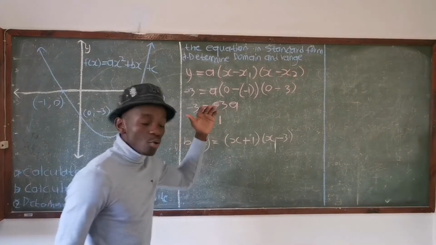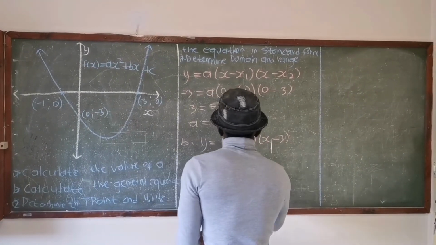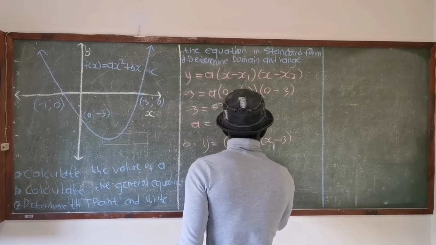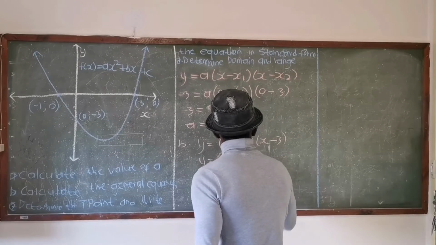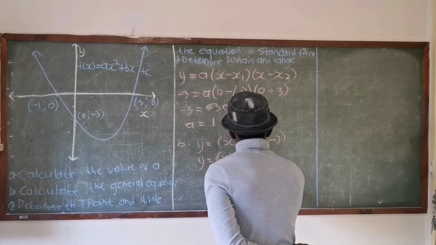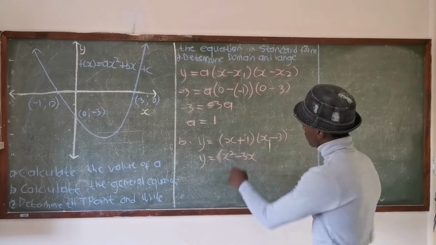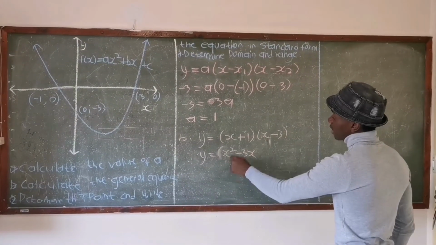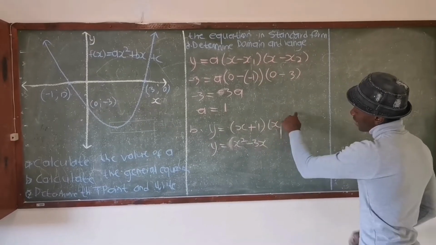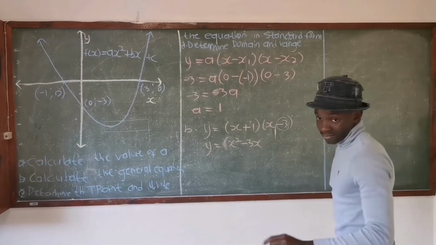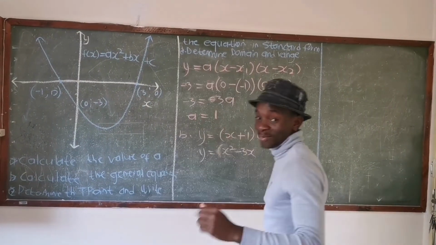So going further, we calculate. As you can see, this x by x equals x squared, then x by 3 equals minus 3x, because the negative is always negative when calculated with a positive.